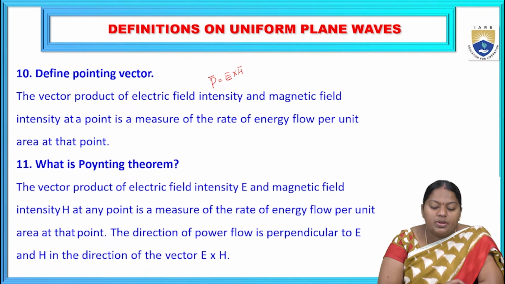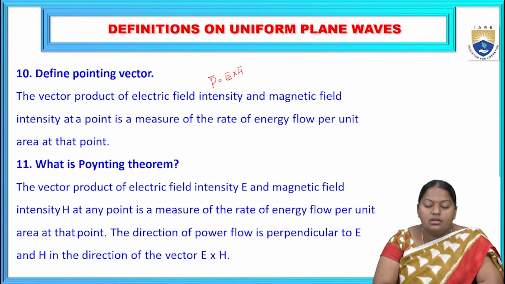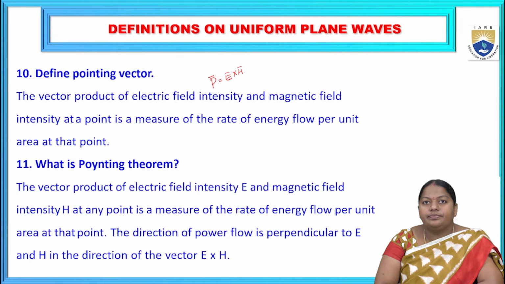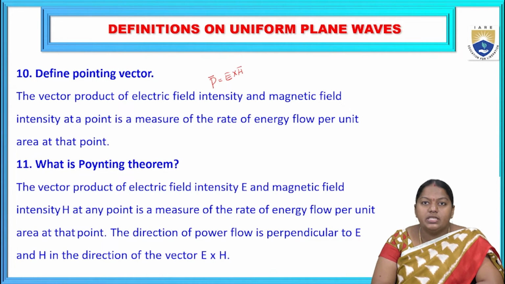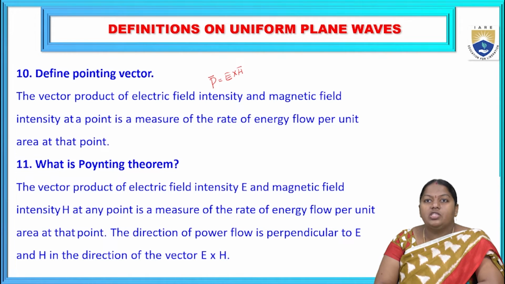It is the product of the electric field intensity vector and the magnetic field intensity vector, used to measure the rate of energy flow per unit area at that particular point.